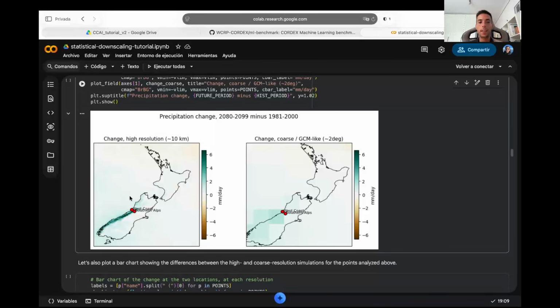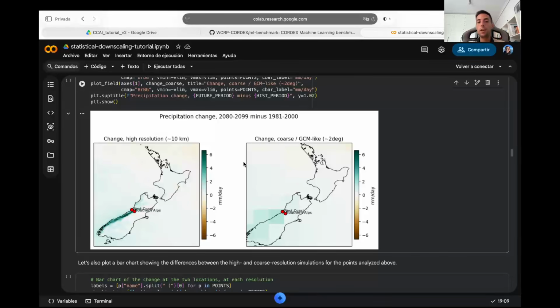However, if we take that same climate change projection, but instead of from a GCM, we take it from a regional climate model. Remember that regional climate models, RCMs, are the models that we use in dynamical downscaling. And actually this is just a similar model to a GCM, but focused on this area with a higher resolution instead of the global extent that the GCM covers.